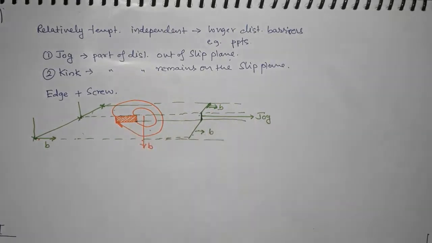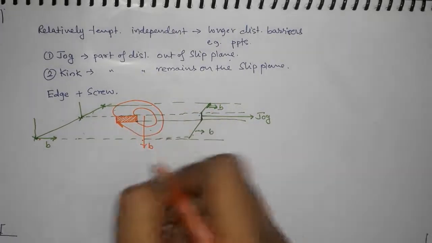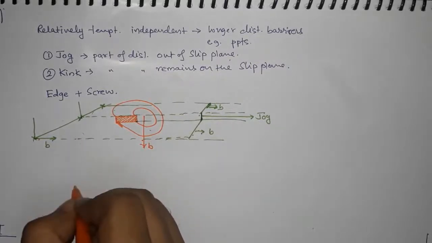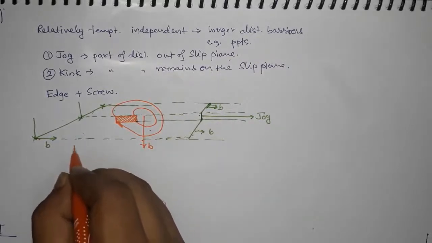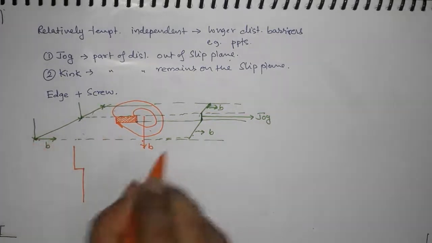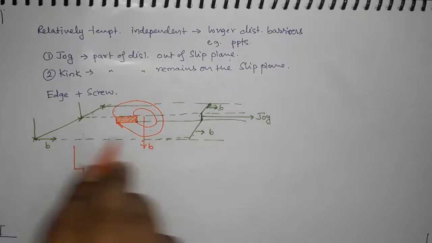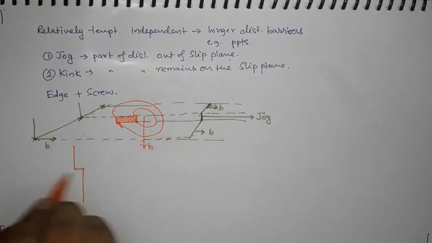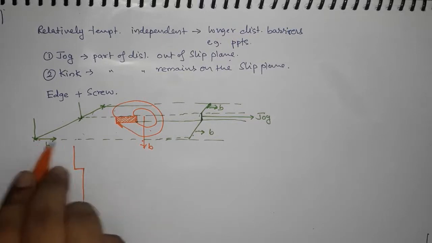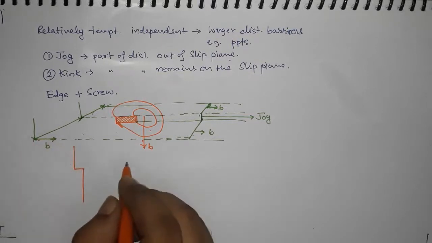Instead of drawing that cylinder, I will just draw the screw like a line. That screw dislocation will have a shift because of the edge dislocation's direction, along the direction of the Burgers vector of the edge dislocation.